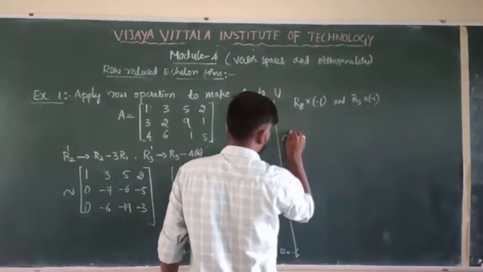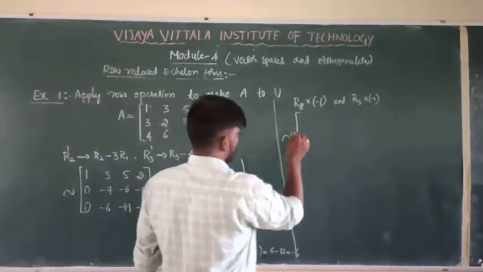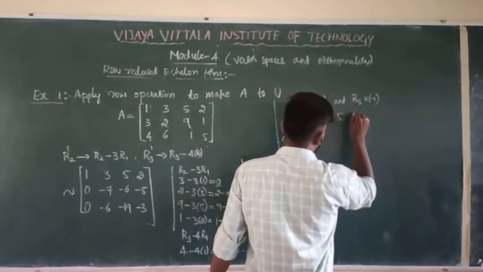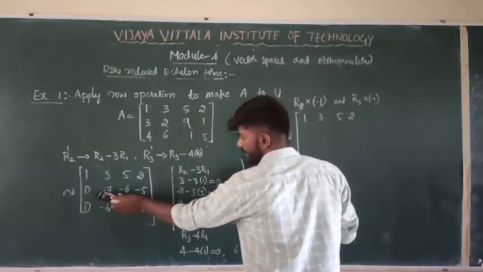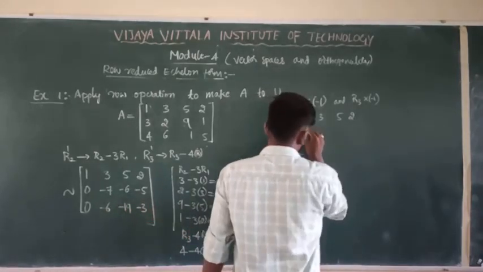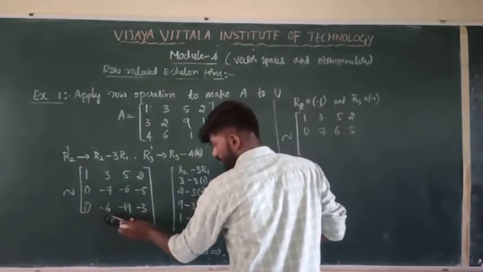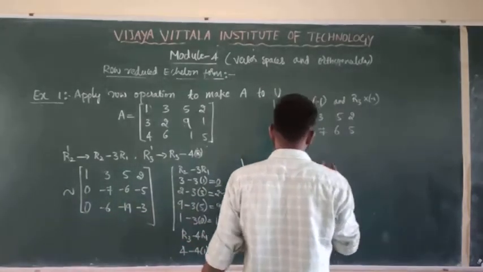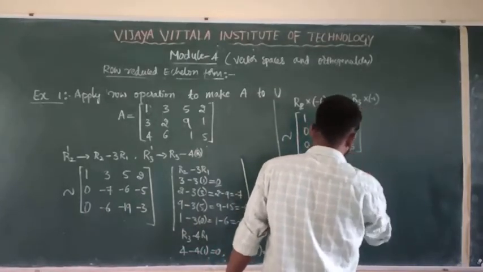Then we get 1, 3, 5, 2 as the first row, the second row 0, 7, 6, 5, and in the third row 0, 6, 19, 3, all positive.